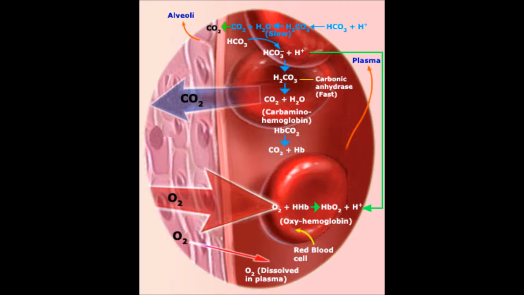We're still not at bicarb yet. So what we have to do now is knock off one of the hydrogens. Notice the formula for bicarb has 1 hydrogen, 1 carbon, 3 oxygens. Carbonic acid has 2 hydrogens.